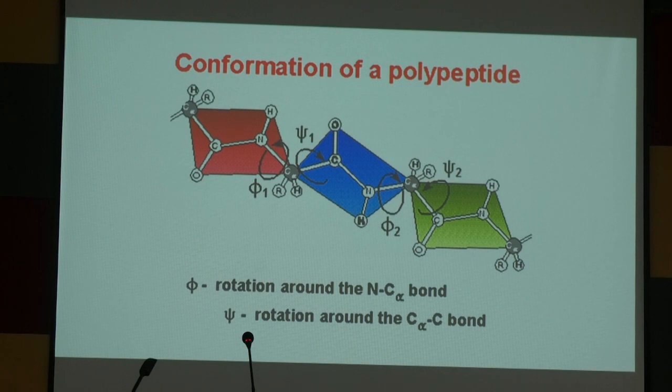So due to this rotating power, they can form different structural conformations. So this is the phi angle and this is the psi angle. But the peptide bond has partial double bond nature. They cannot rotate.